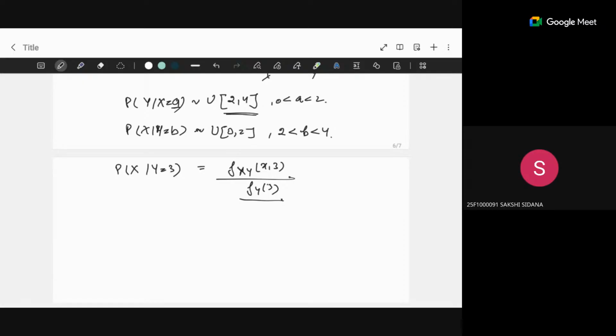My doubt is if x equal 1 and y equal 3, there is a comma between them, not a condition. And it is asked, it is uniform in which area? It won't be applicable, no? Okay, ma'am.